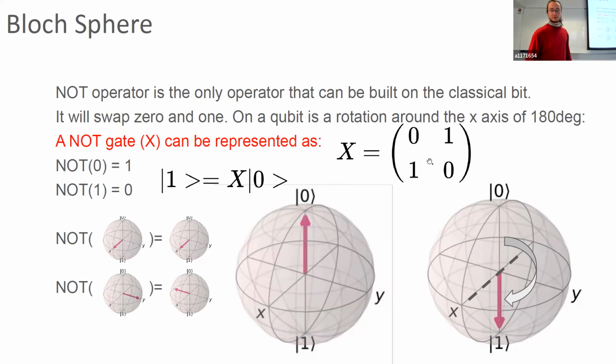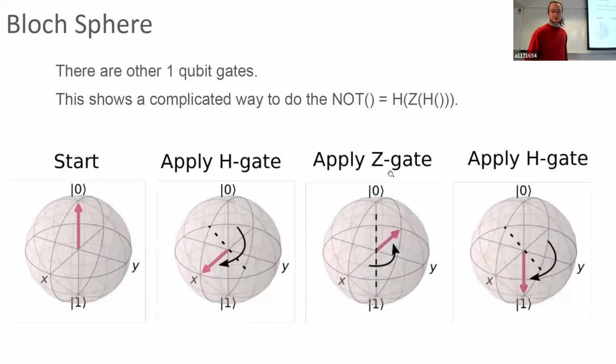Again, for whoever knows a bit of linear algebra, this unitary matrix corresponds to the 180 degrees rotation around the x-axis in SO3.